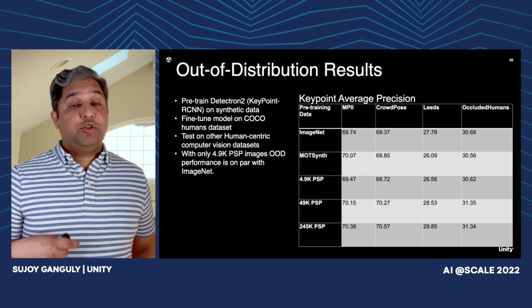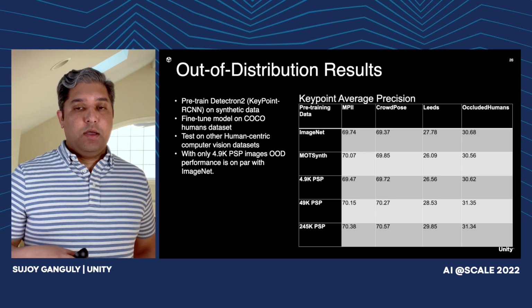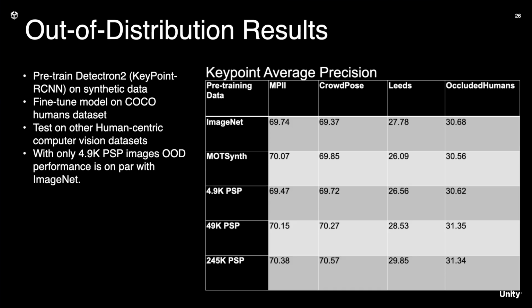Now, how about generalization? Here we're looking at the results of that same model, but now tested on data sets that are not COCO. This is a model pre-trained on synthetic data or ImageNet, then fine-tuned on COCO, and then tested on four other human-centric computer vision data sets: the MPII dataset, CrowdPose, LIP, and Occluded Humans.